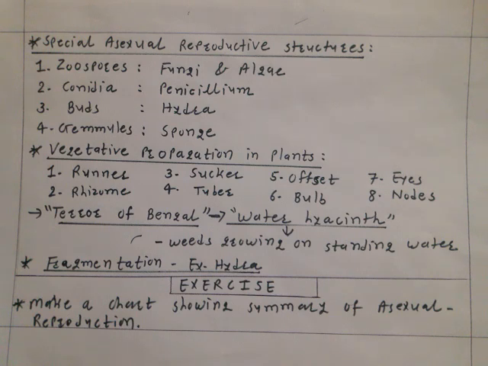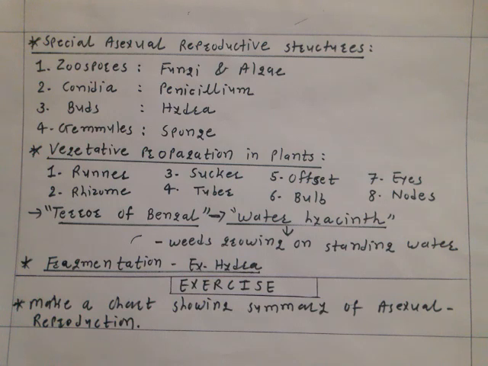So these are some various methods of asexual reproduction observed in single cell organisms, and some special structures observed in some living organisms. What is vegetative propagation? Now you are aware of this. This way we can come to know about the various types of asexual reproduction in living organisms.